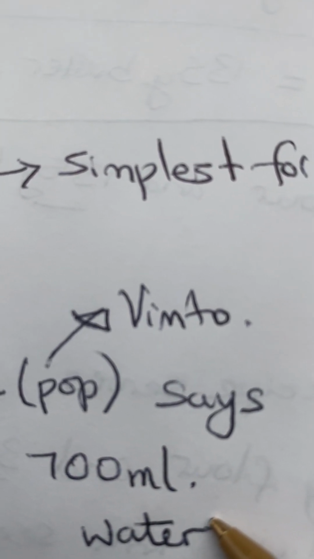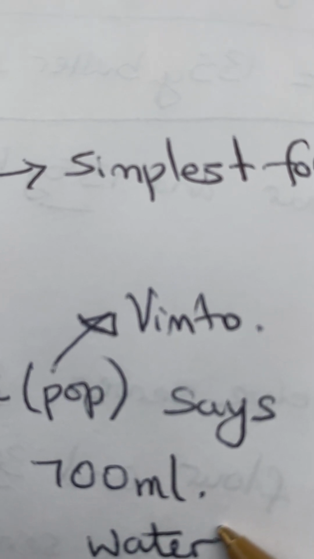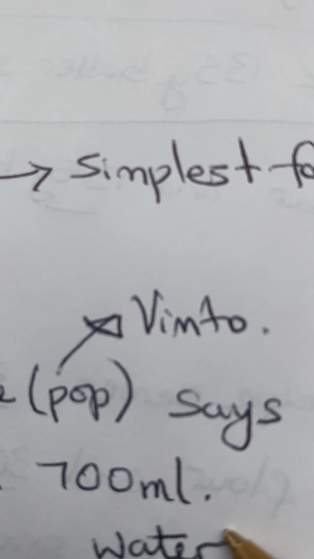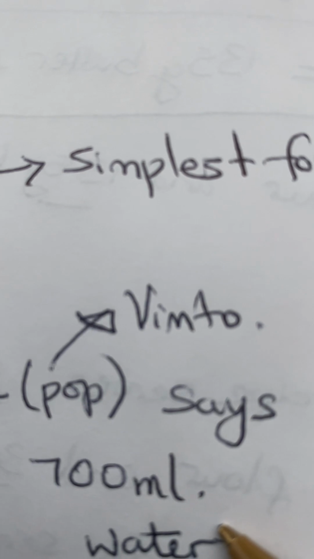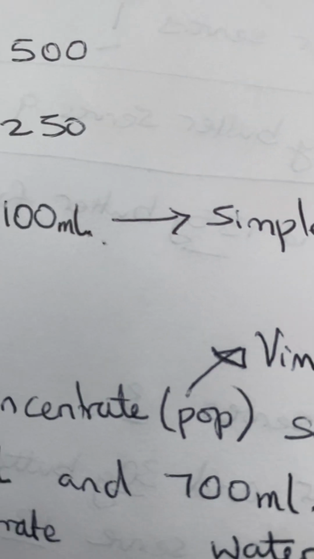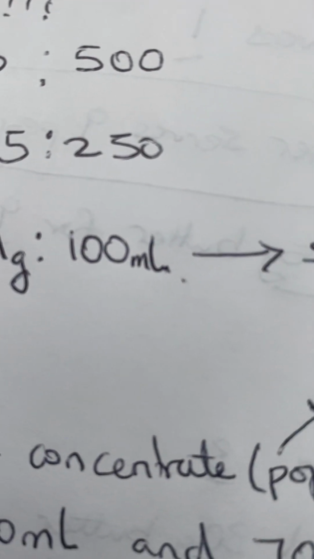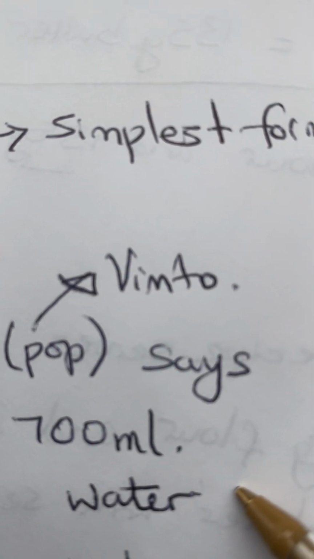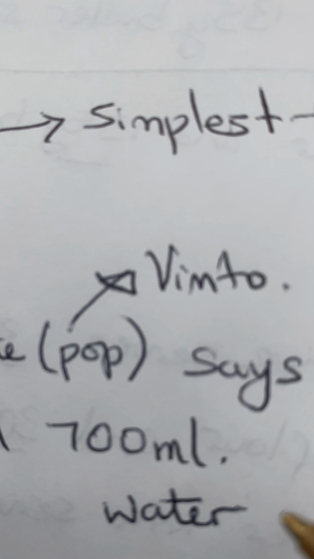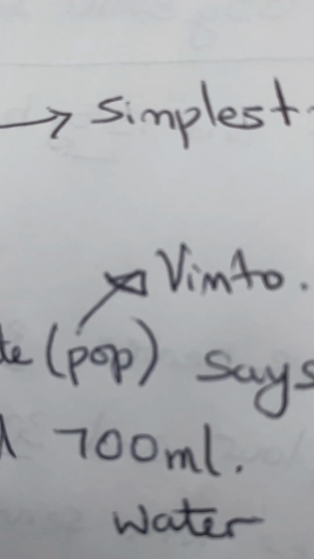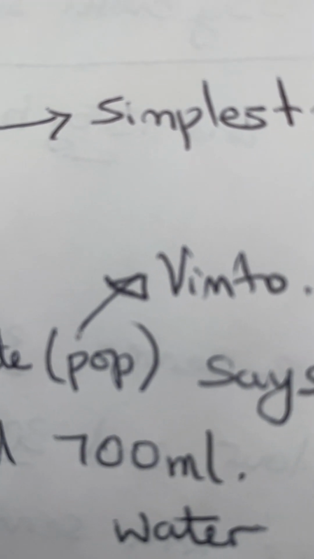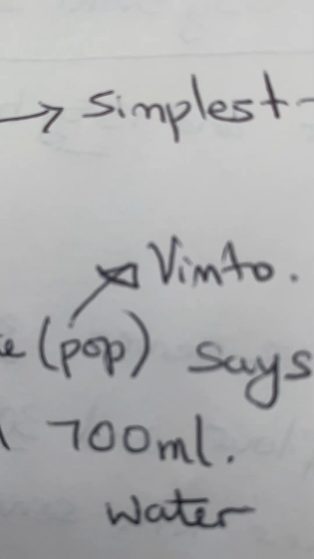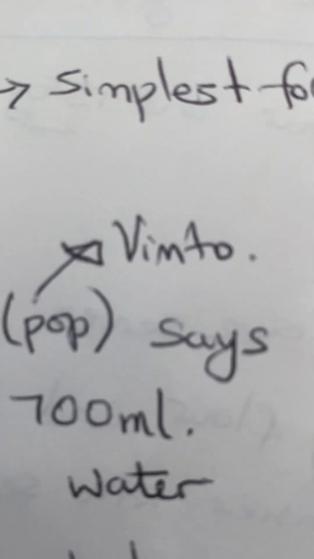So assuming you are in the summer and you're expecting some kids in your house, you can mix this quantity with 700 mils of water, which can help up to 7 people if you're in the summer and it's hot.